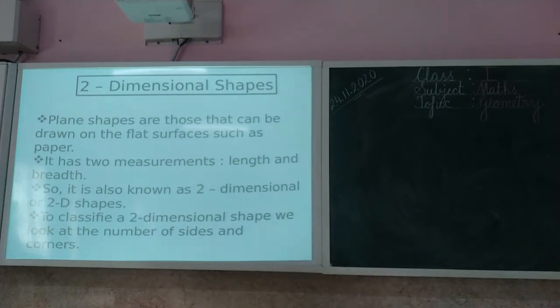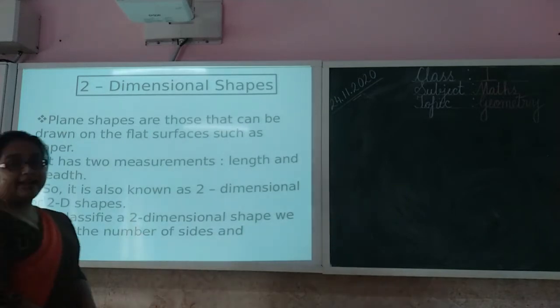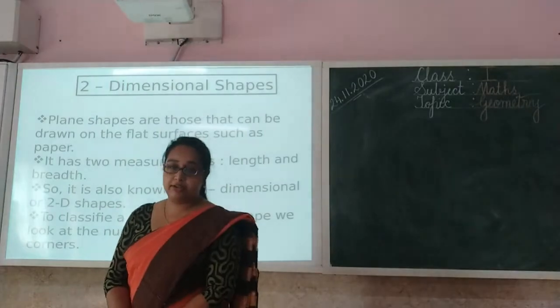It has two measurements, length and breadth. So it is also known as a two-dimensional or 2D shape. To classify a 2D shape, we must look at the number of sides and the number of corners.